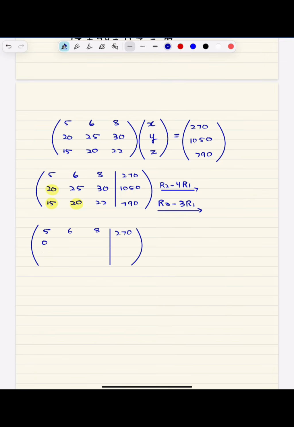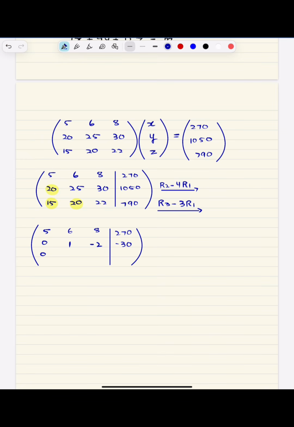This becomes a 0 and this becomes a 0. Now 6 fours are 24, so 25 minus 24 is just a 1. Then 8 fours are 32, and 30 minus 32 is a minus 2. Then 270 multiplied by 4 is 1080, and if we subtract this from 1050, we get minus 30.